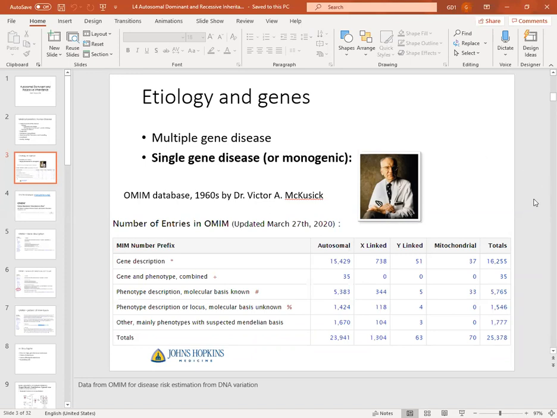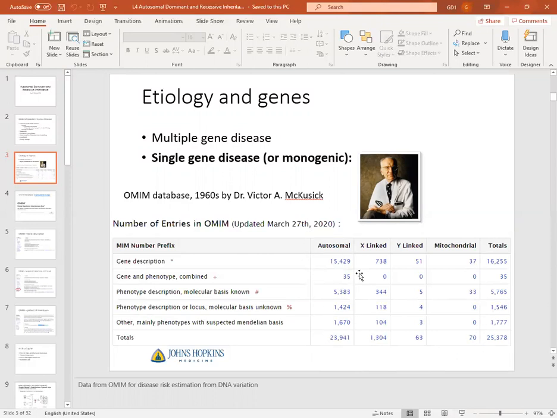They host data and share data, and they also have other databases that track this data. Here we have about more than 25,000 genes.